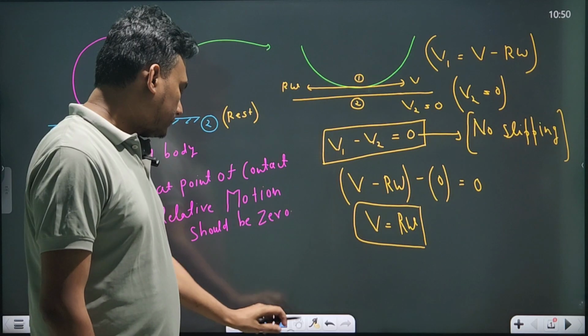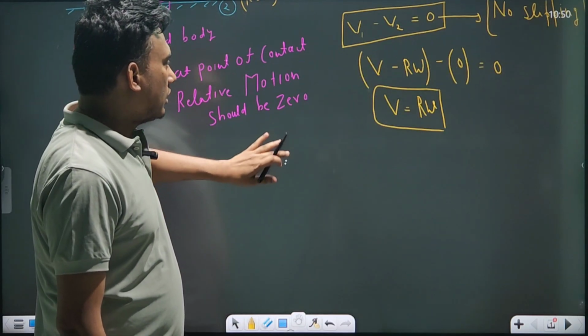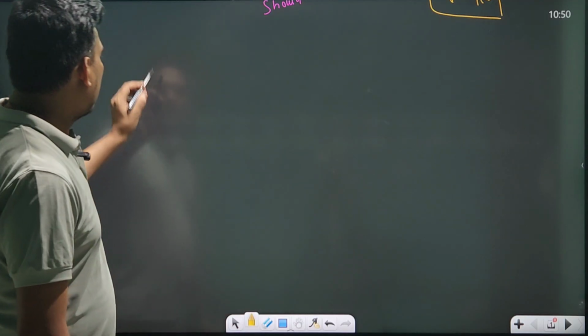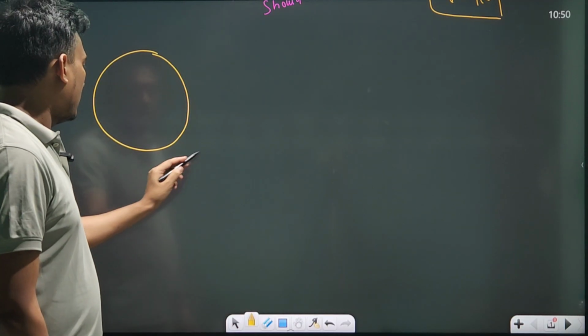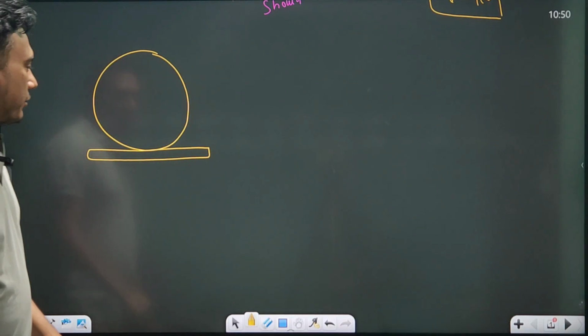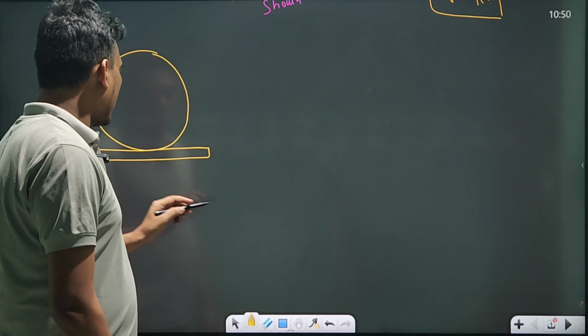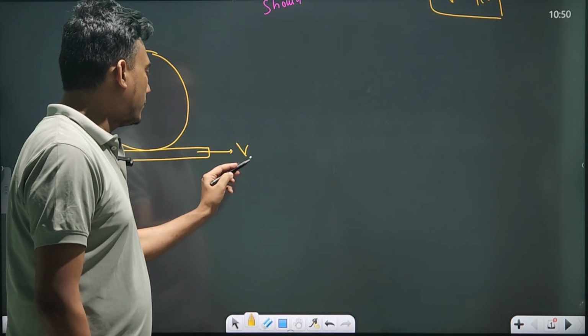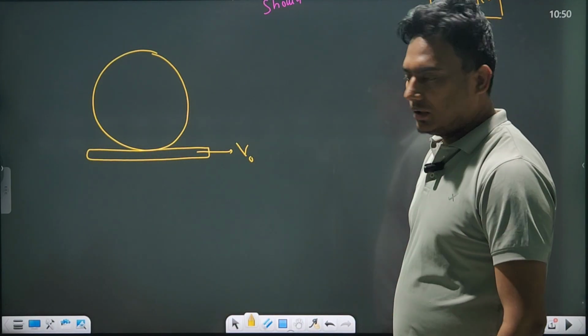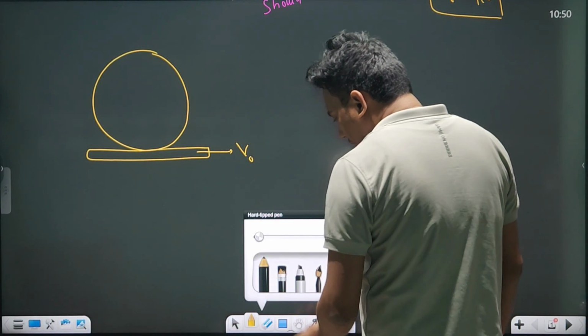Now if we consider that the platform is moving with a speed, suppose this is the wheel and this is the platform. Suppose at the point of contact, the platform is also moving with speed V naught. If I draw this again, this is point 1 and this is point 2. But this time the platform is also moving with speed V naught.